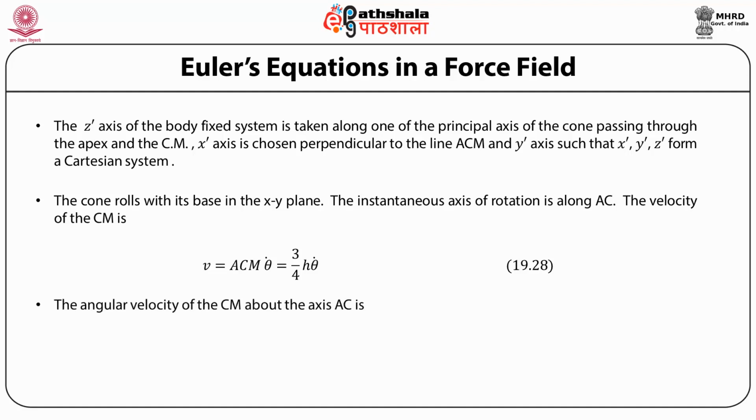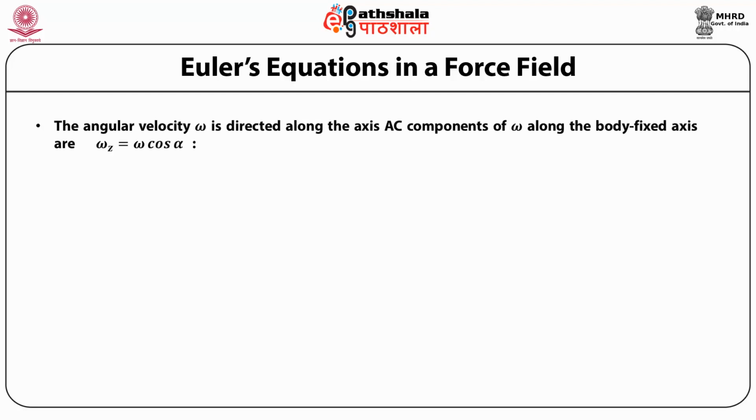The angular velocity about the axis AC is omega, which is v divided by the distance BCM, which is 3 by 4 h sine alpha, which gives theta dot by sine alpha. So v is equal to 3 by 4 h theta dot, and omega is theta dot by sine alpha. The angular velocity omega is directed along the axis AC.